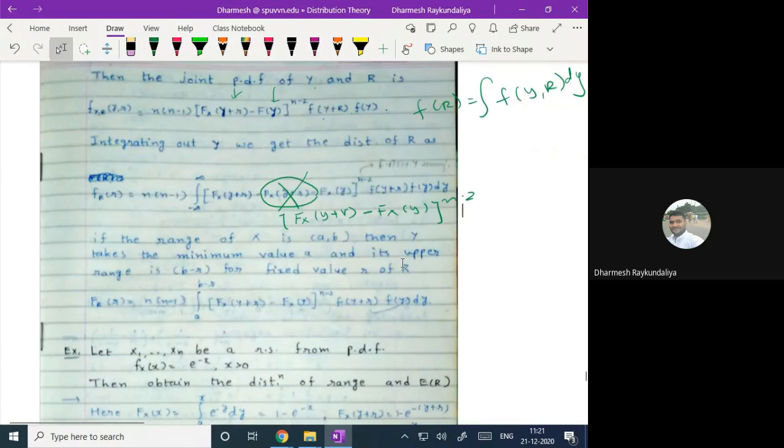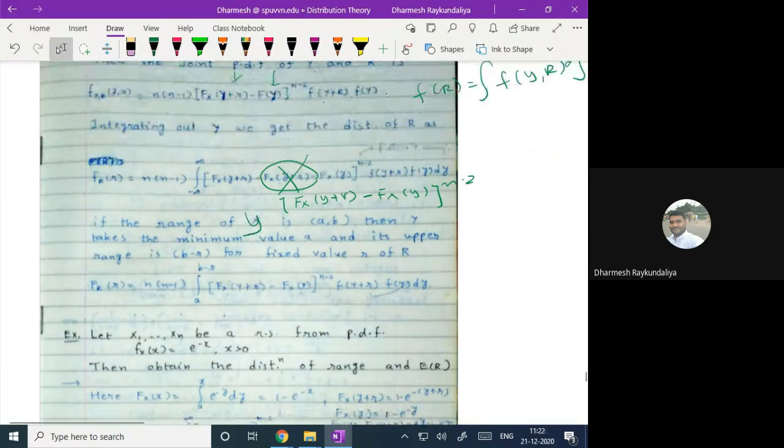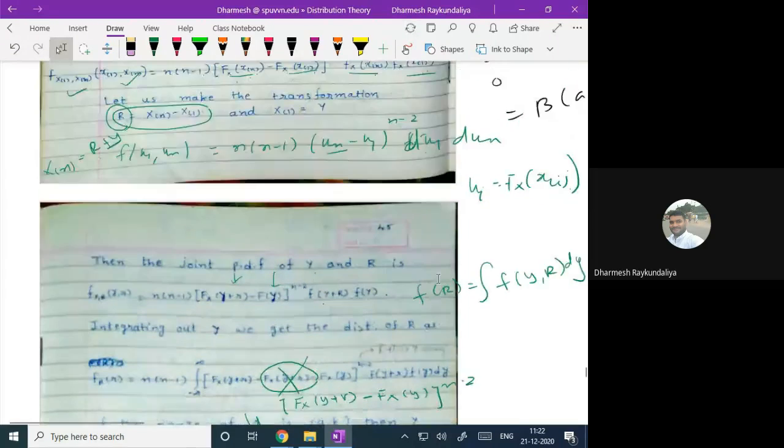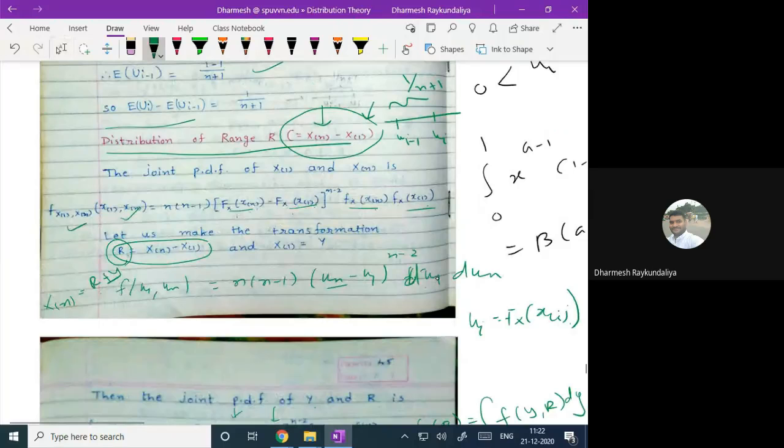Now suppose the range of y is between a to b. Then y takes minimum value a, and for the upper limit, it is given that xn equal to r plus y, so y is equal to xn minus r.